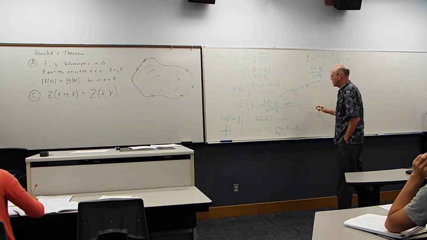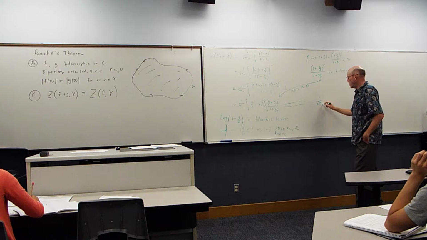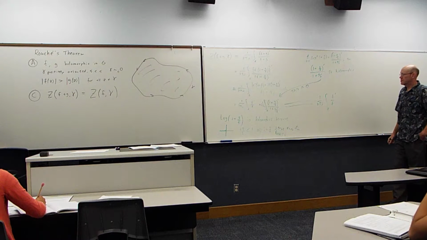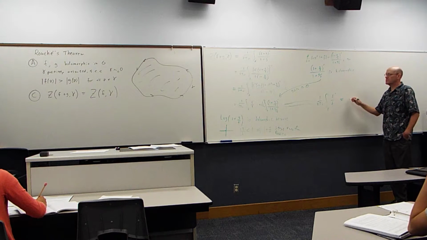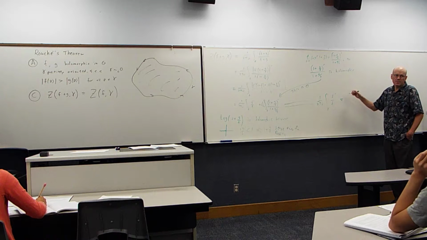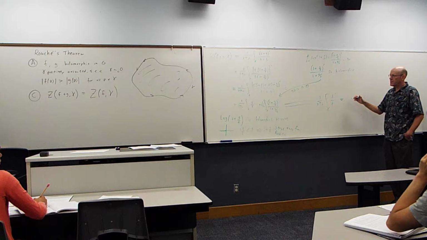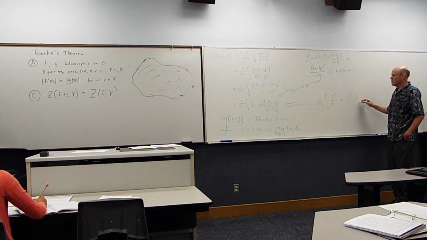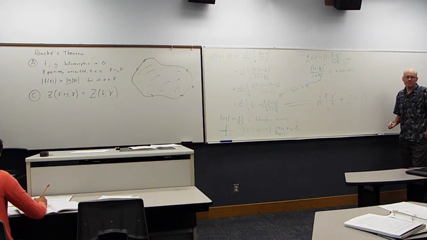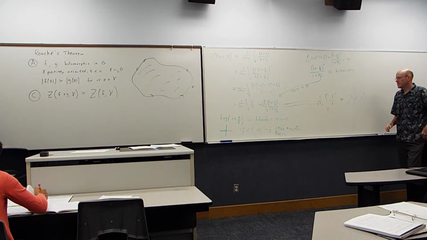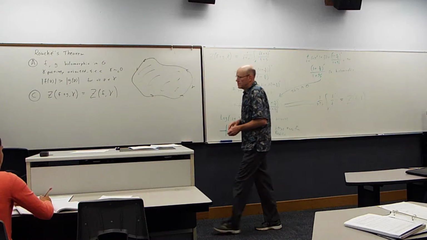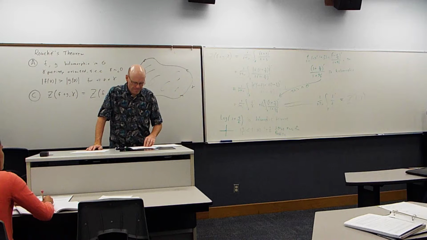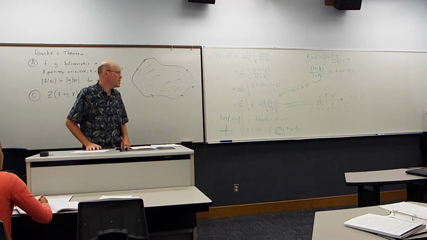And so then the whole thing is equal to 1 over 2 pi i times the integral of f prime over f. And then what do you recognize this as? The thing we just did. From the argument principle, this is the number of zeros of f inside gamma. Okay, so that's Rouche's theorem.